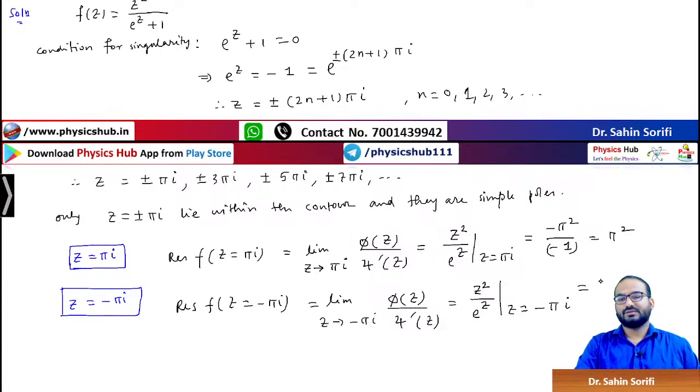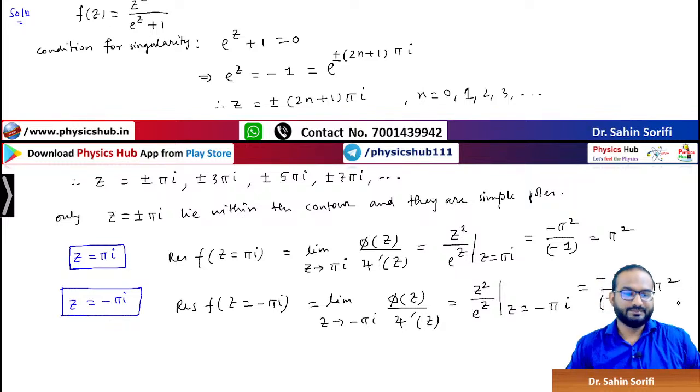Here we will be getting minus pi square by minus 1, so it will become plus. So it is again plus pi square.